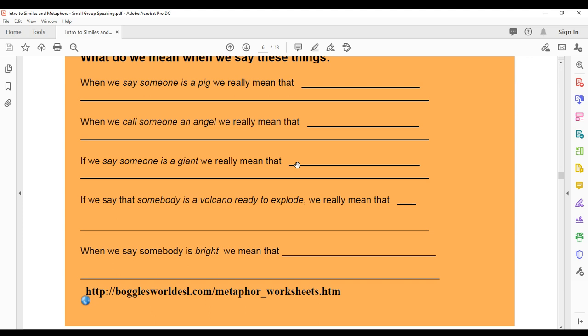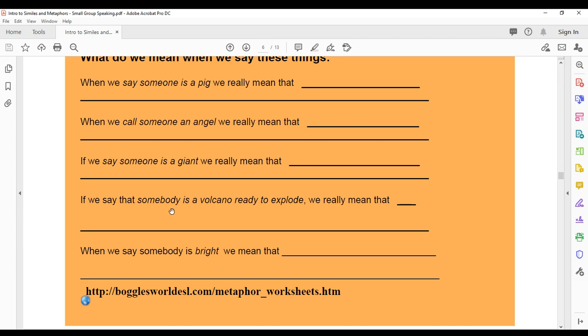So we might say, my uncle was a giant. Every time he came into the room, people stopped and looked at him and wondered what he was going to say. Okay. Here's another metaphor. We can say someone is a volcano. Volcanoes explode, and I might say, my friend is a volcano, and that means he has a very bad temper, and for a long time he's calm and quiet, but pretty soon his temper just explodes.